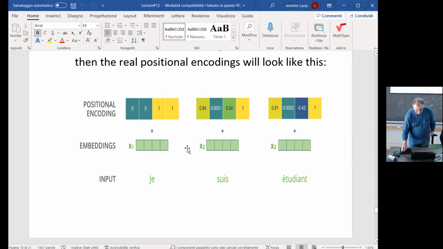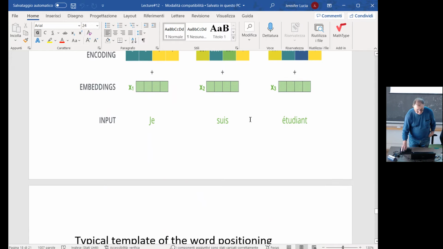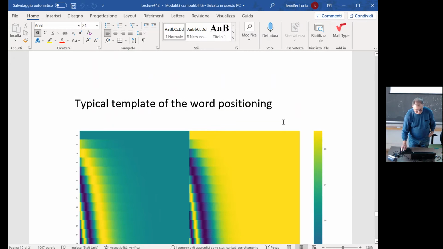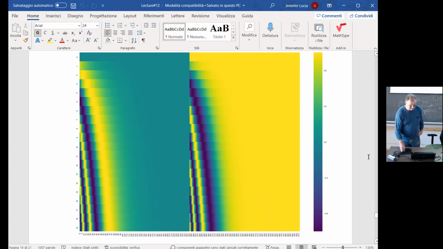And one can also codify it and make some typical template of positioning, like this.